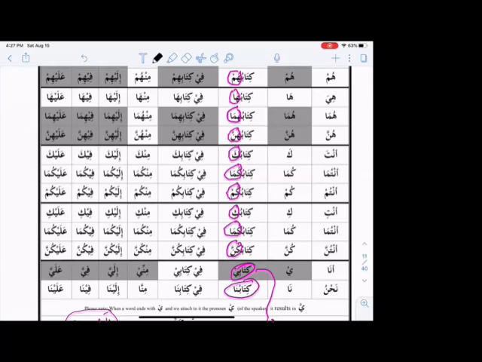And then Rabbi, Rabbuna. If you practice, you can get the melody and then it becomes easy.